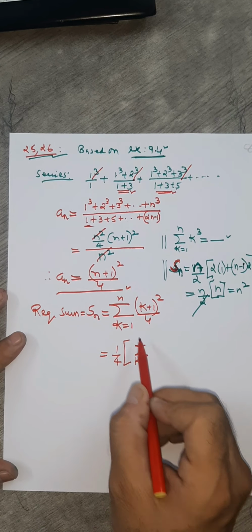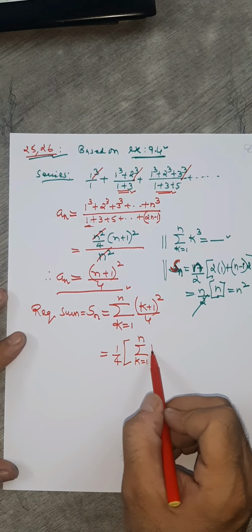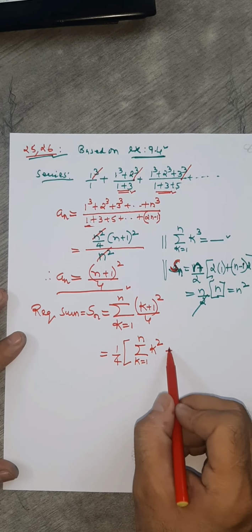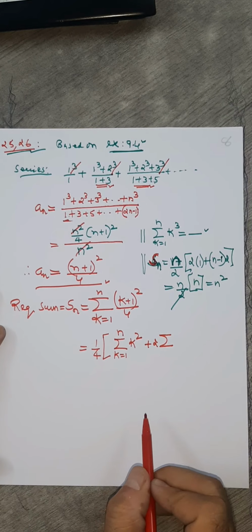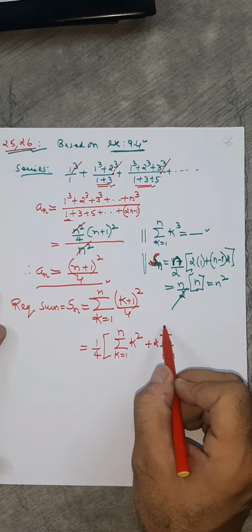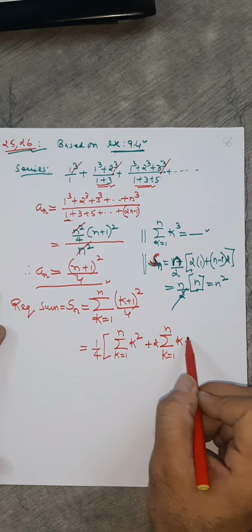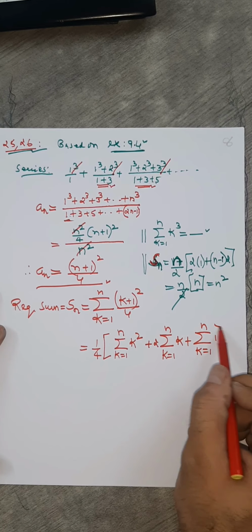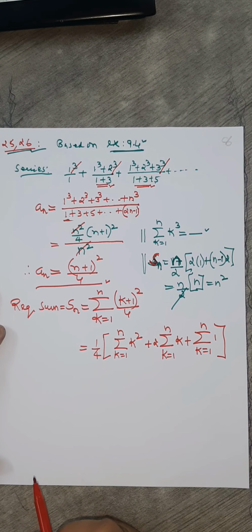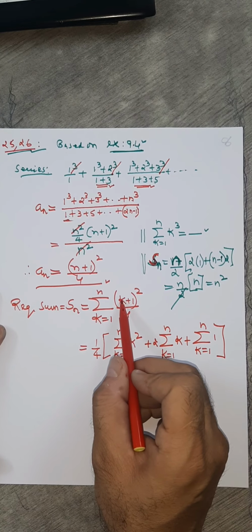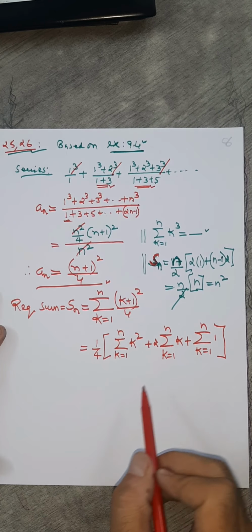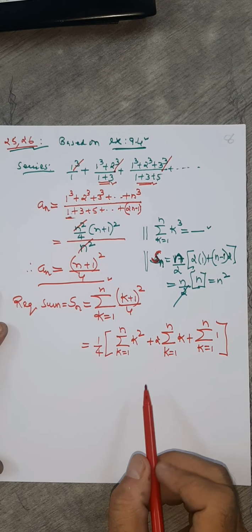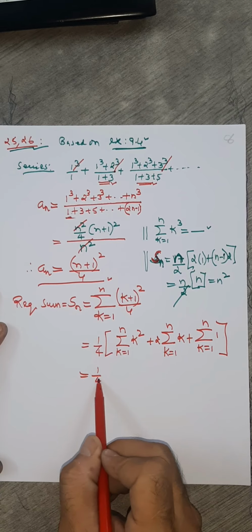Sigma k runs from 1 to n, k square, plus 2 outside, sigma k runs from 1 to n, k, plus sigma k runs from 1 to n, 1. What I did, I opened the bracket: k square plus 2k plus 1. Now you know how to proceed.